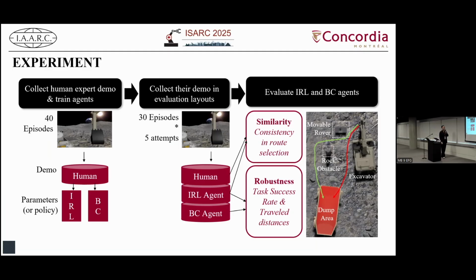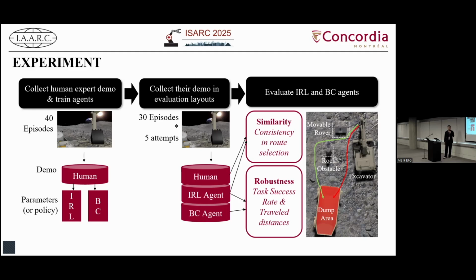Up to this point, I've explained how the proposed framework works, and now I'd like to explain how we evaluated the proposed framework. To evaluate this, we selected one baseline model, which is behavior cloning, because behavior cloning is a prevailing and representative approach in construction robotics, especially when using imitation learning.